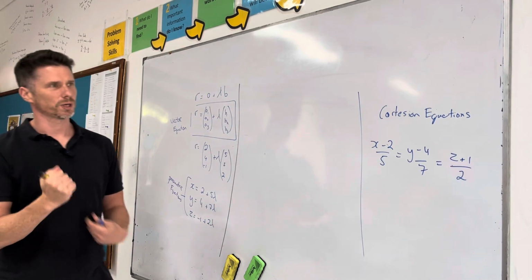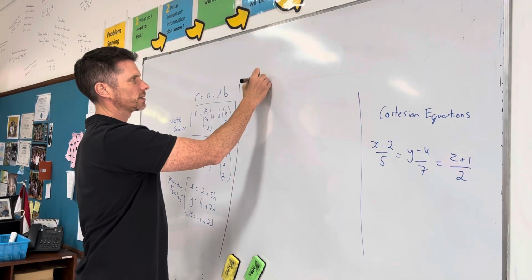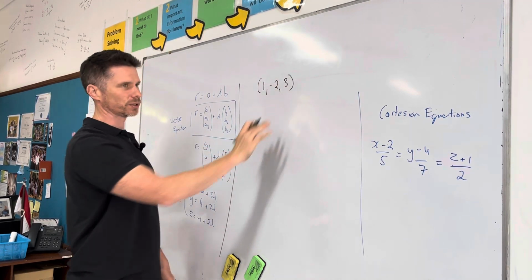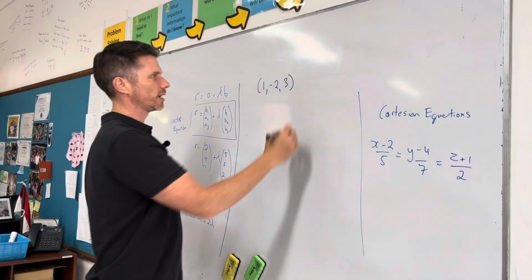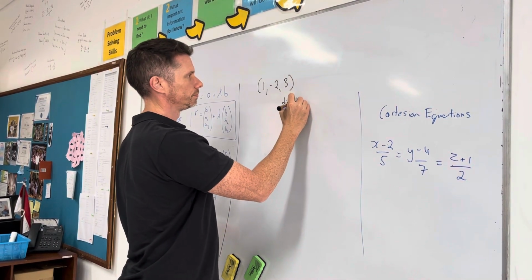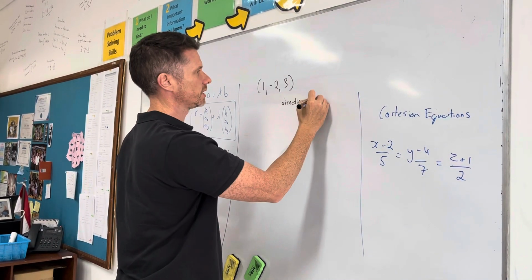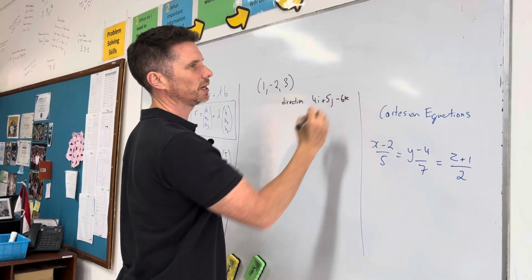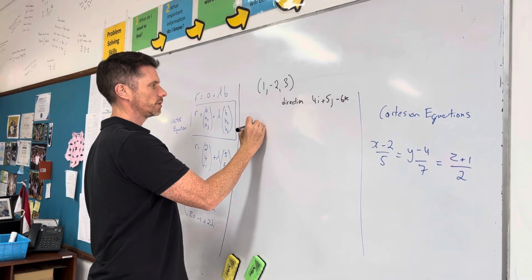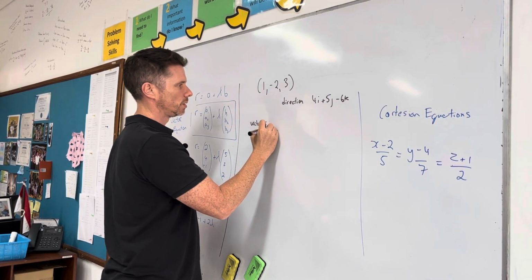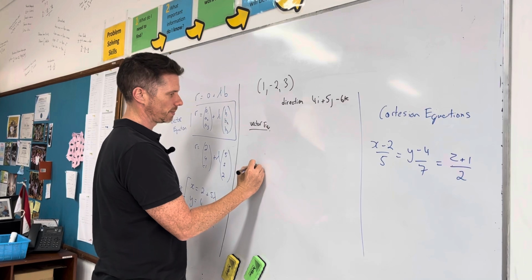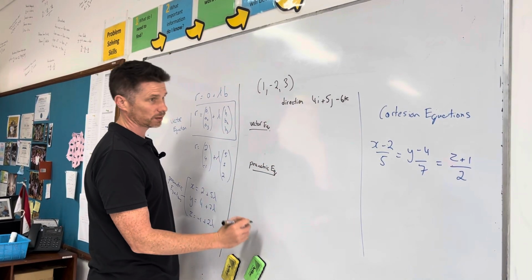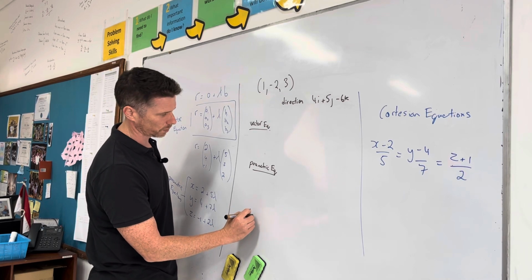We have a line in space that passes through this point, that's a point, not a vector, and in the direction 4i plus 5j minus 6k. We want a vector equation. Once we have that, we can get a parametric equation, and once we have that, we can rearrange it to form a Cartesian equation.